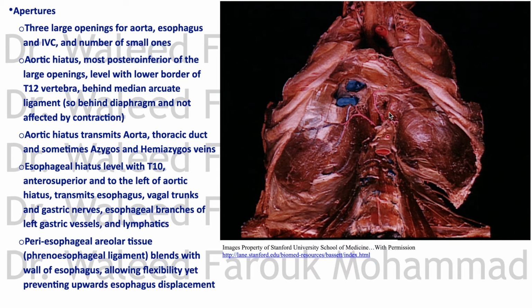Now another thing, lymphatics pass through each opening. Why am I telling you this? Because sometimes if you're suspecting hepatoma, for example, a liver tumor, you ask for a chest x-ray.